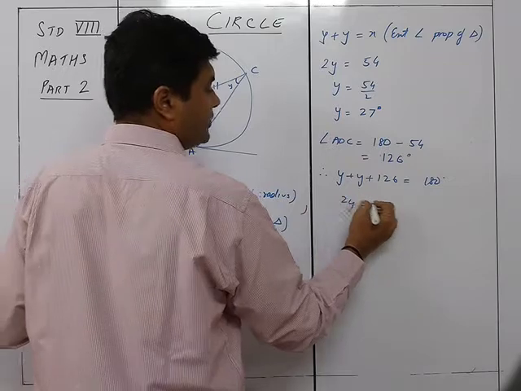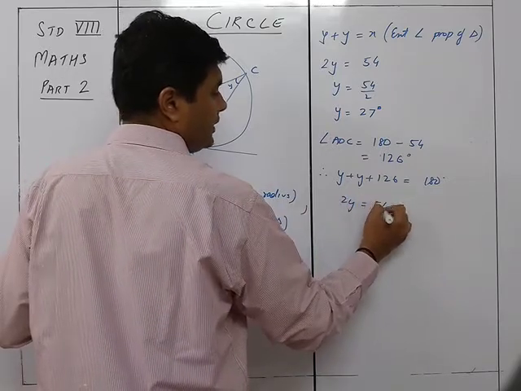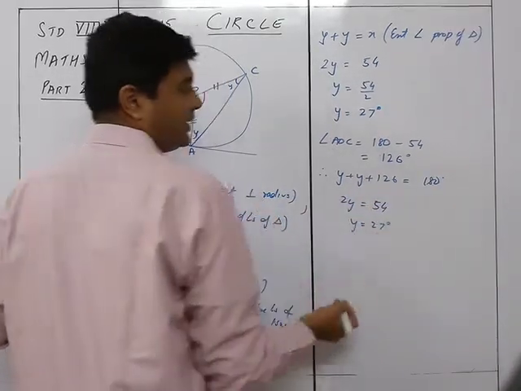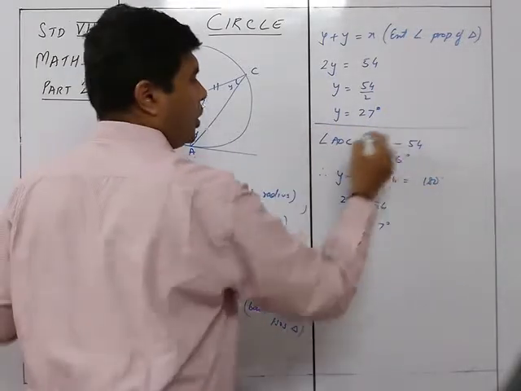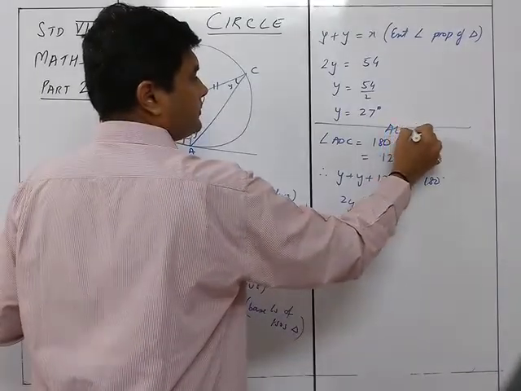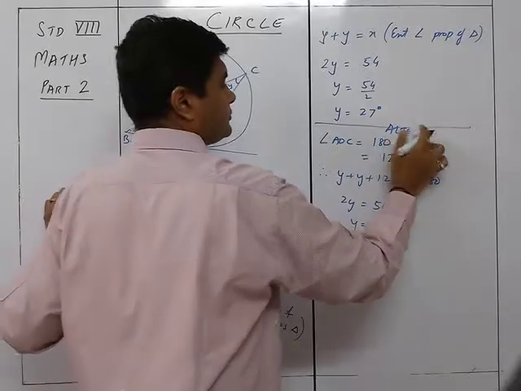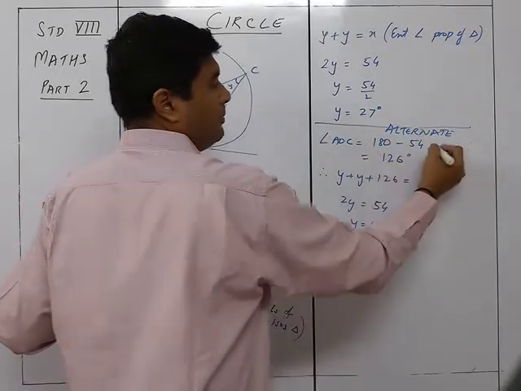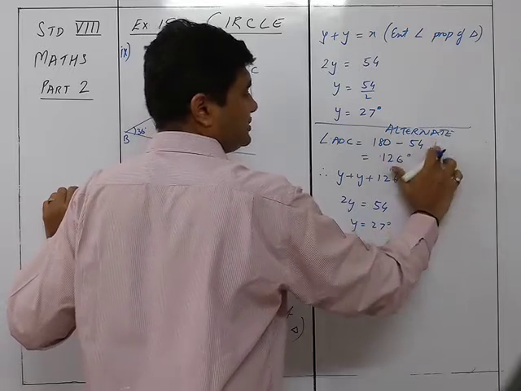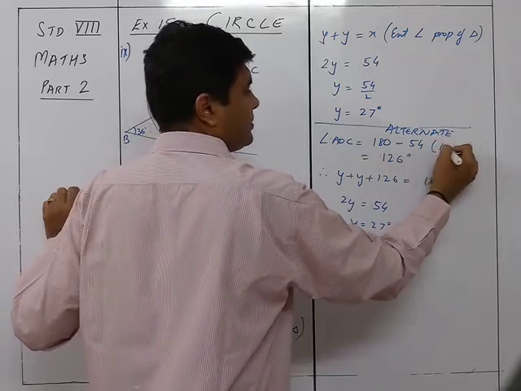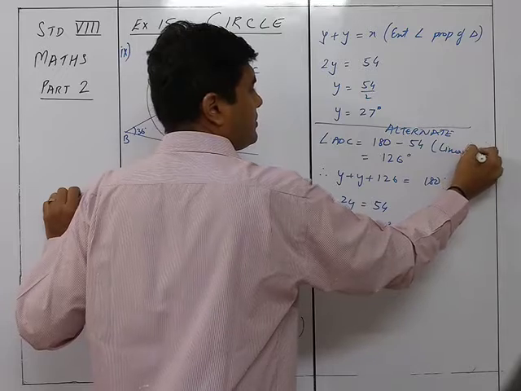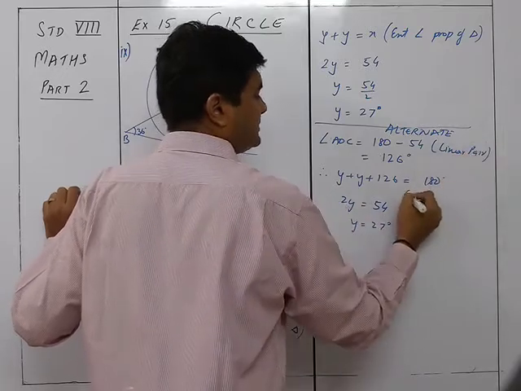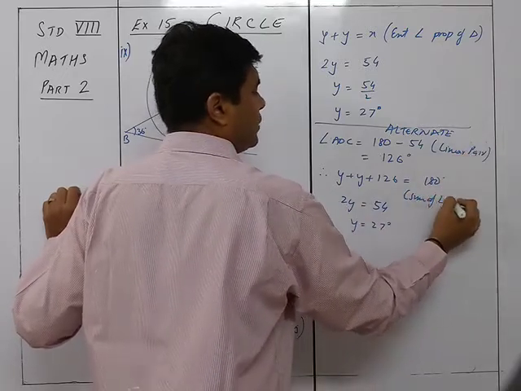Therefore, 2y is equal to 54 and y is equal to 27. You can do it even this way. So, the alternate method is by sum of angles. This is because of linear pair and this is sum of angles of triangle.